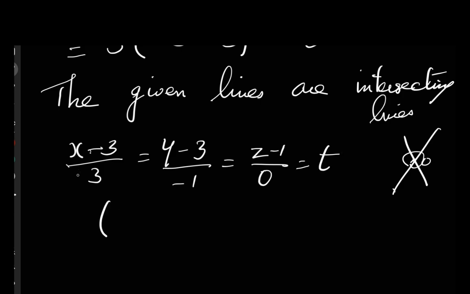So find the point. (x minus 3) by 3 equal to t. So the first coordinates are 3t plus 3, minus t plus 3, then 0, minus 1 plus 1, so you will get 1.